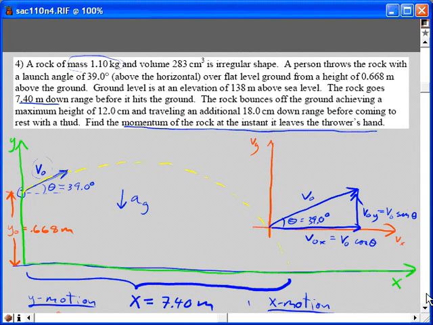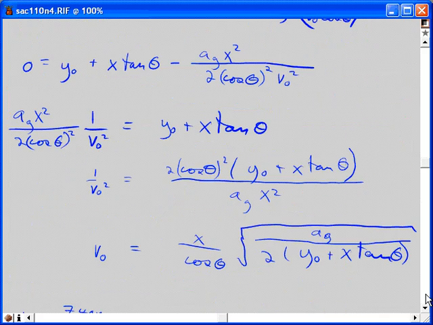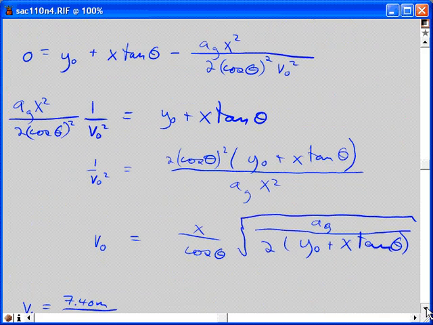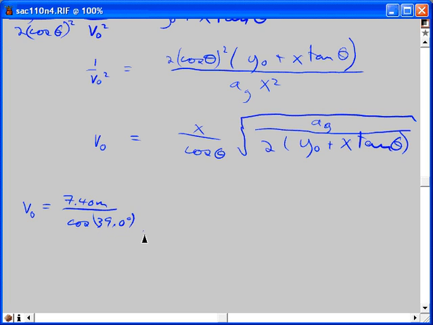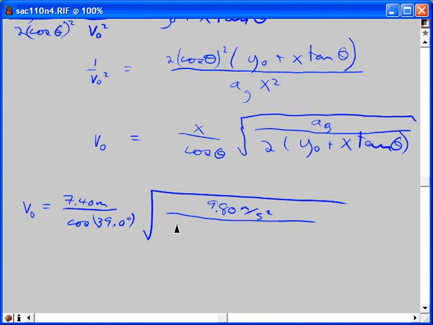And I'm going to need y0, which is 0.668, plus our 7.40 meters times the tangent of that angle.